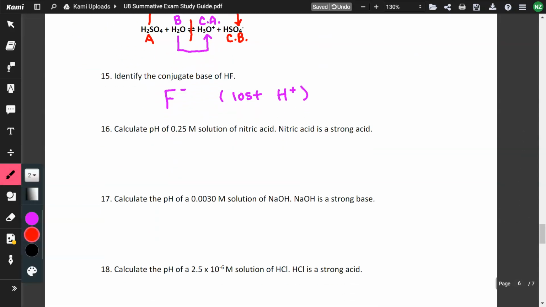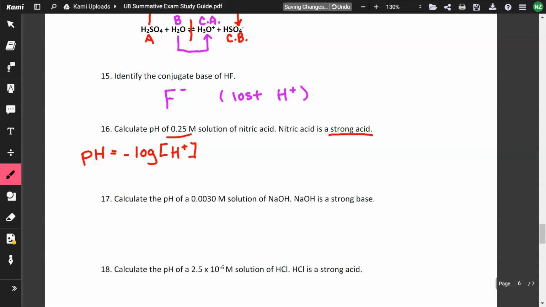All right, calculate the pH of a 0.25 molar solution of nitric acid. Here's what we want to see. Nitric acid is a strong acid. If it's a strong acid or a strong base, our calculations are relatively simple. So pH is equal to negative log of H plus.